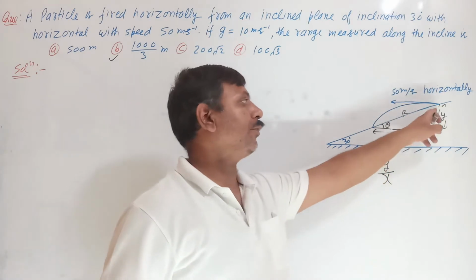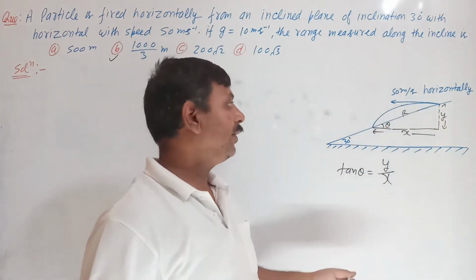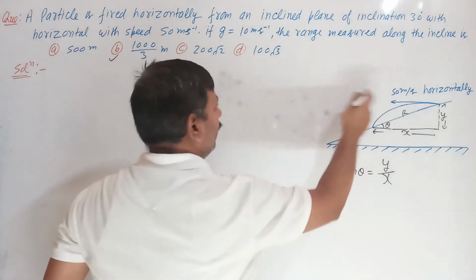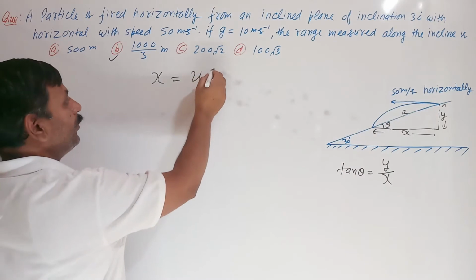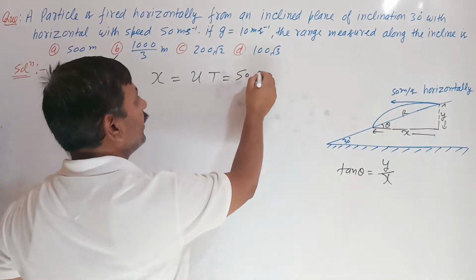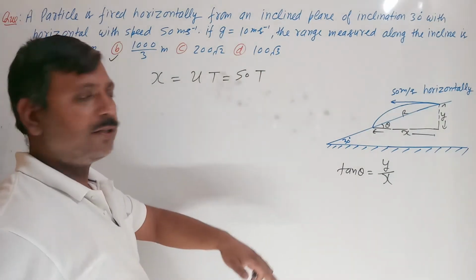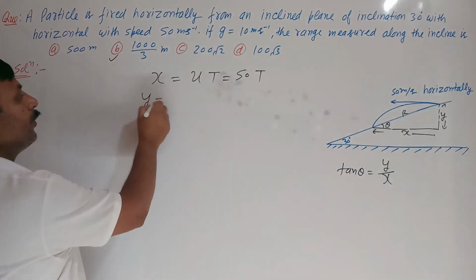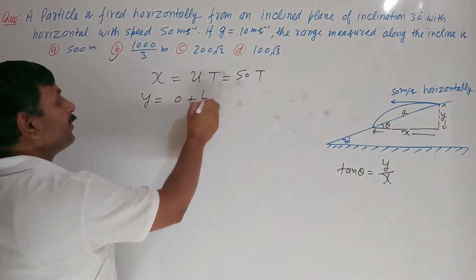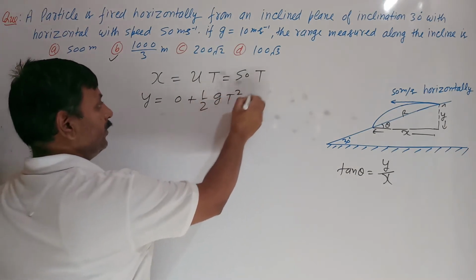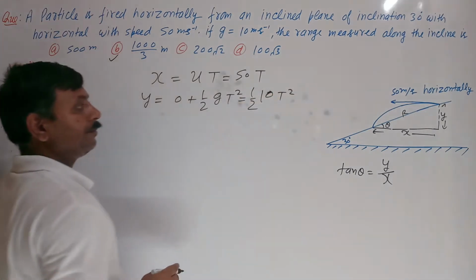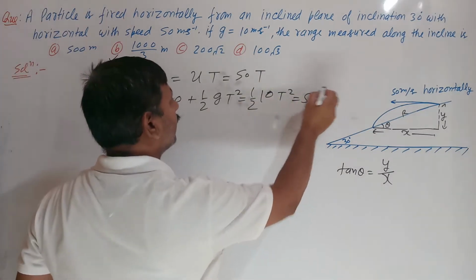Horizontally they are projected, suppose it will reach in time t, time of flight is t. What will be the horizontal displacement? Horizontal velocity into time of flight, u into t, so that is 50t. Vertical displacement y is equal to what? Vertical component is 0, ut plus half gt square, that is 10t square, you can say 5t square.